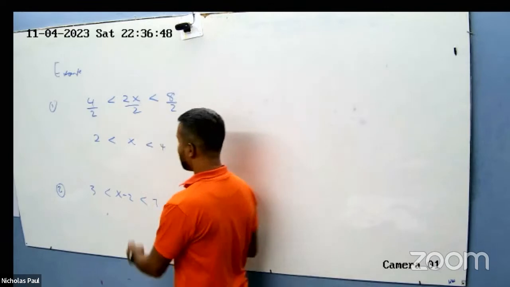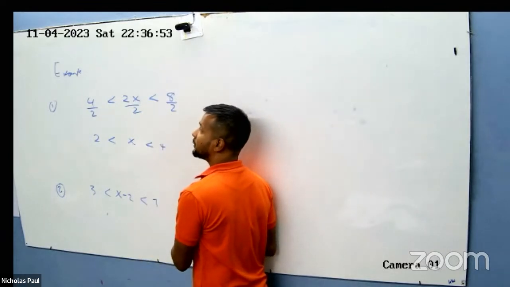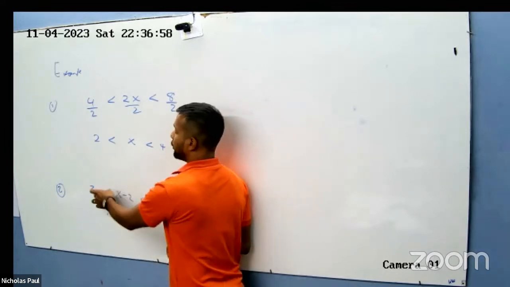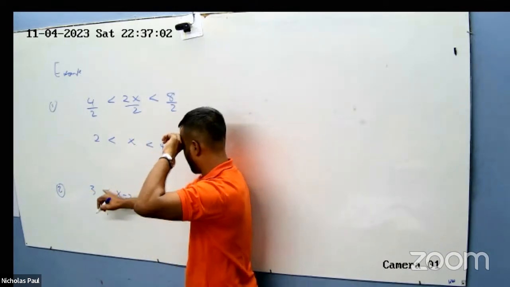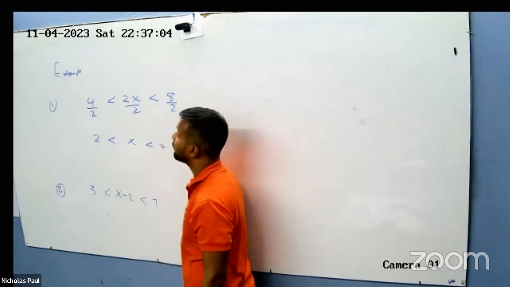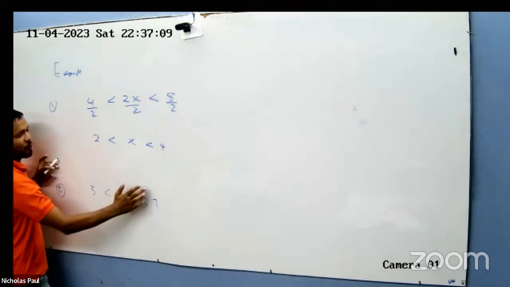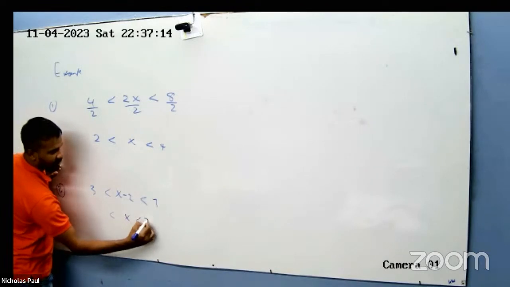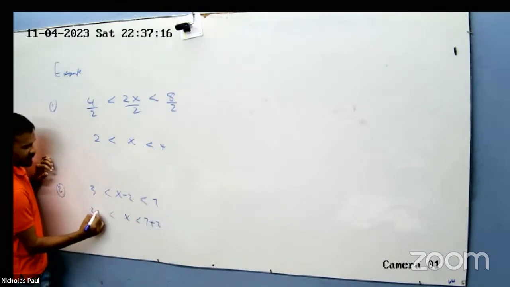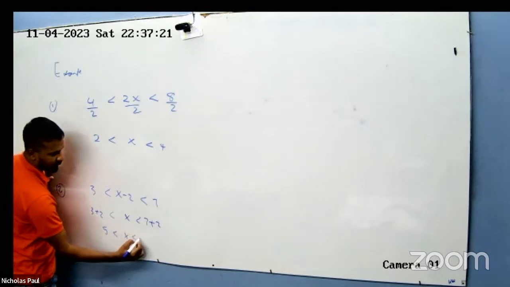If it goes across here, it becomes what? If you plus, what will you do here as well? If you +2 here, what will you do here? Same thing, Hamlet. Whatever you do on the right, you do on the left. So it becomes 7 + 2, and you do the same thing here, 3 + 3. So the answer is 5. It's less than 9.